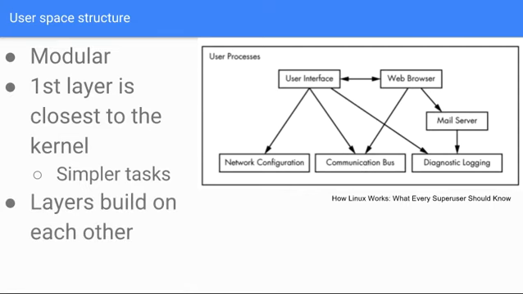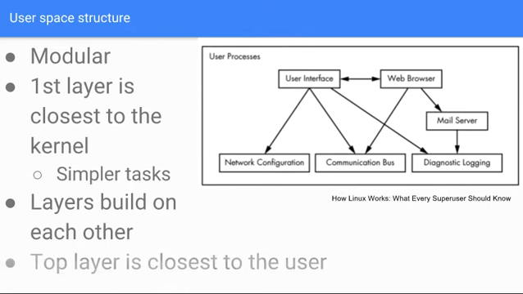And the layers are built onto each other, because usually the diagnostic logging is not going to be referencing something higher up the chain. That's just how they're built, which makes sense. So the top layer is closest to the user interface, web browser, etc.